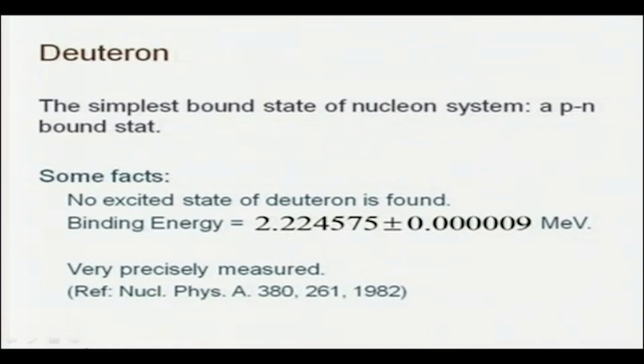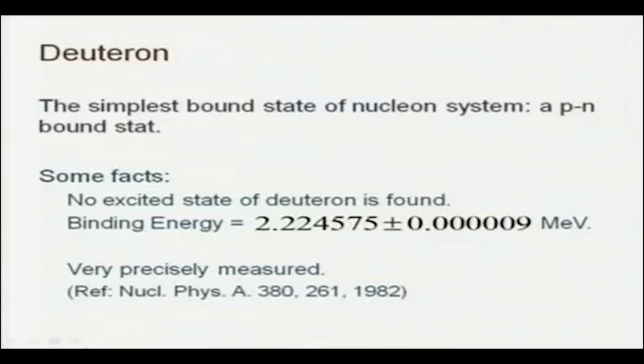We will first consider a bound state of the nucleus, the simplest one that we can think about, the deuteron. It consists of a proton and a neutron, and when they are bound to each other, certainly they should have energy smaller than the energy of the free neutron and proton put together.